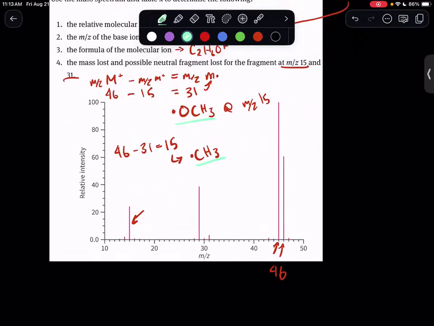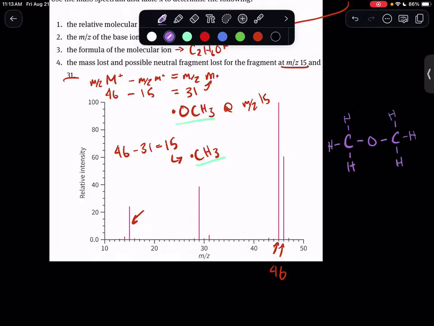If it breaks off as CH3 and OCH3, we're likely looking at an ether of C-O-C instead of an alcohol.